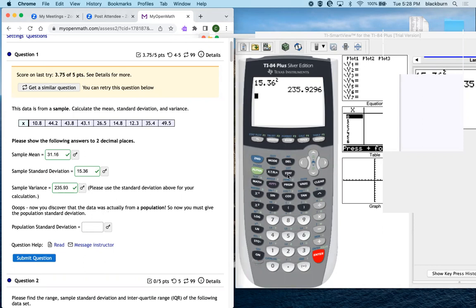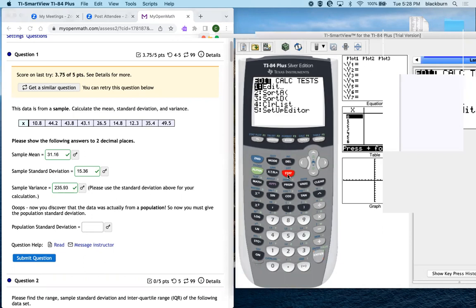All right, so I go back to the stat calc again. Same thing. The sigma button here, this lowercase sigma, is that Greek letter. That's actually your population standard deviation.